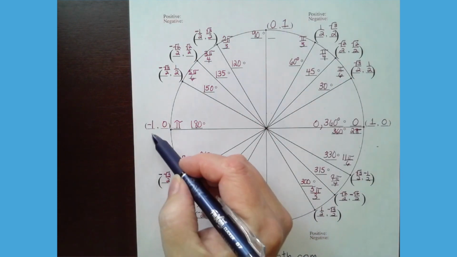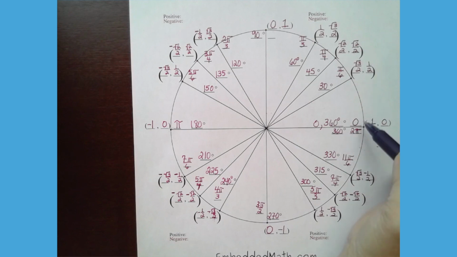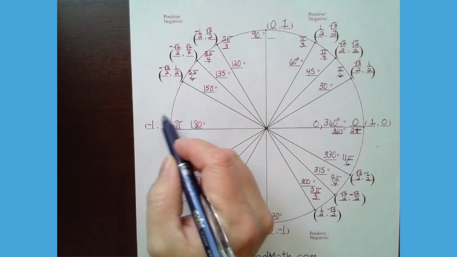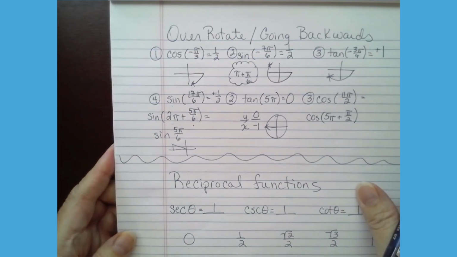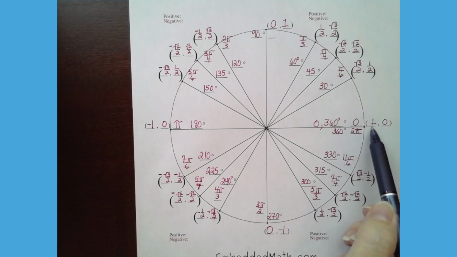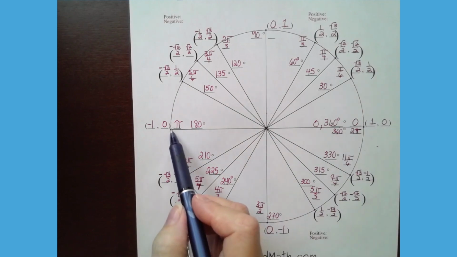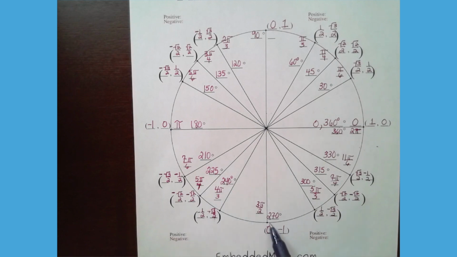What do you notice? Every time we're over here, we hit an even pi, and every time we hit over here, we hit an odd pi. So if I have 5 pi plus pi halves, I know if I went 5 pi around, I would end up here. And then from there, let's go another pi halves. That puts us down here at 270.